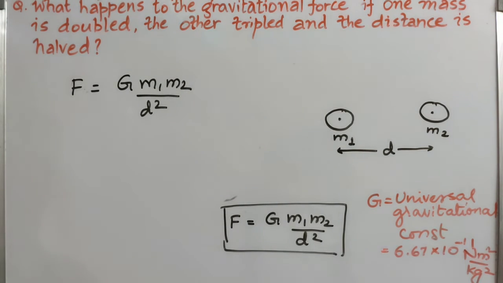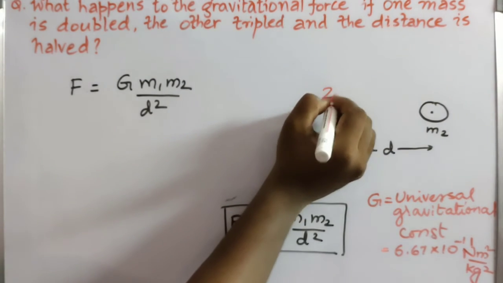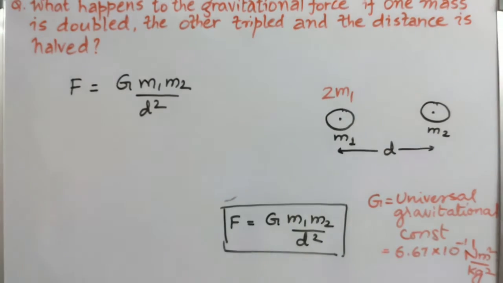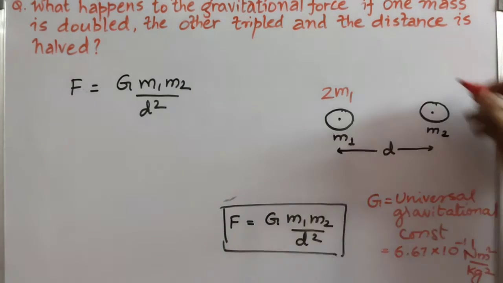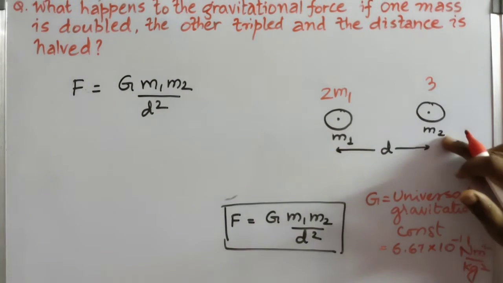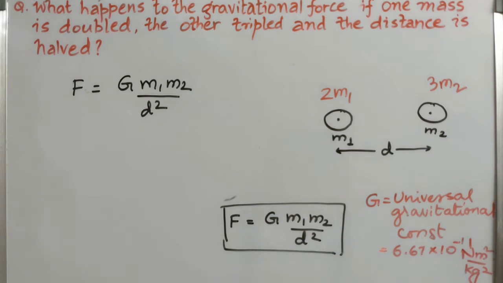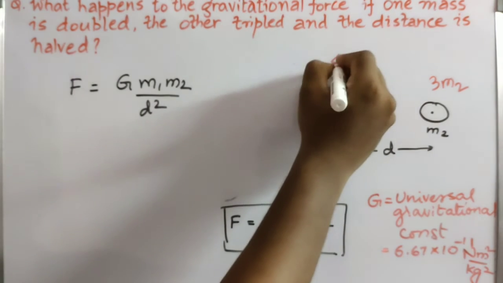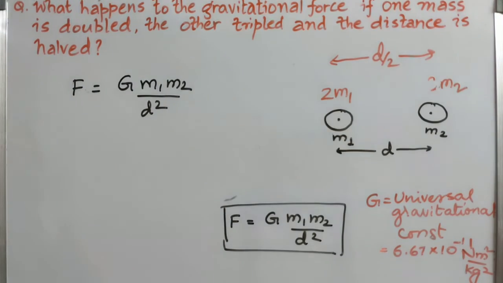If one mass is doubled, say m1 is doubled, if the initial mass is m1, now when it gets doubled, the mass is 2m1. And what happened to the other mass? The other is tripled. So initially m2, now 3 times m2. And what happened to the distance? The distance between them is half. That means now the distance is d by 2.